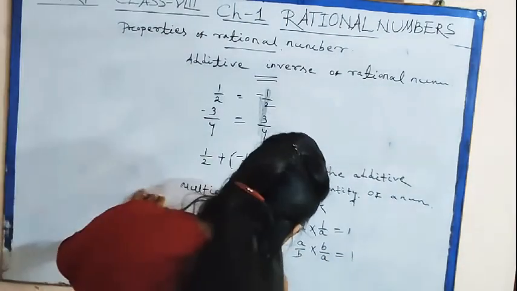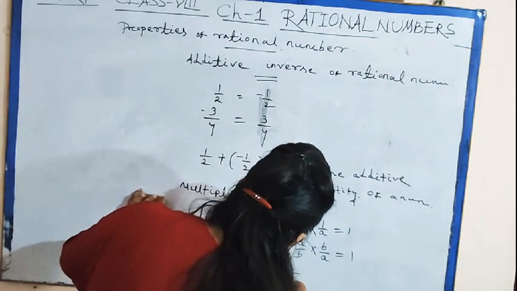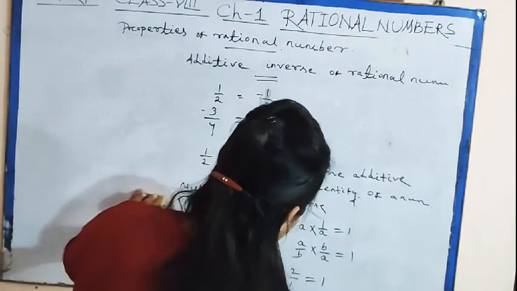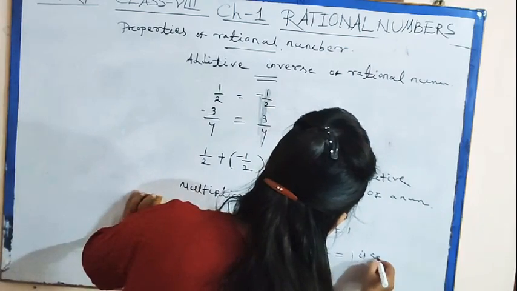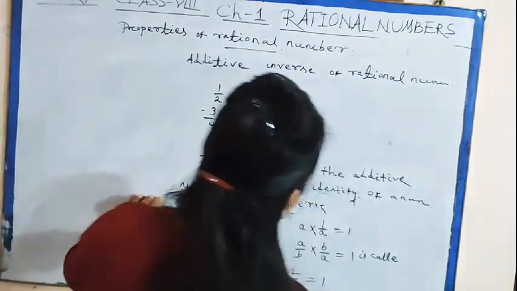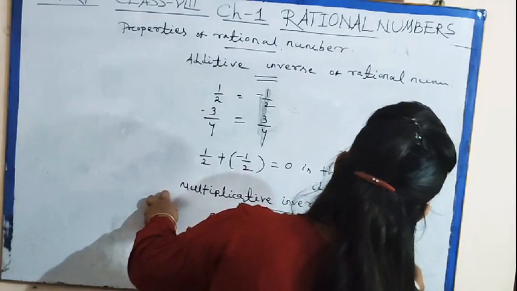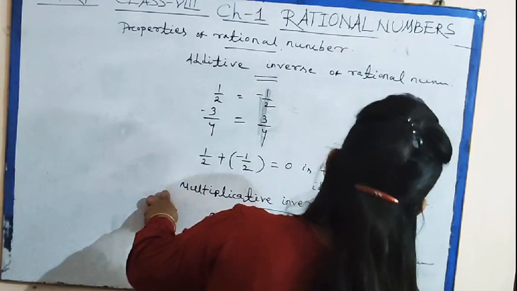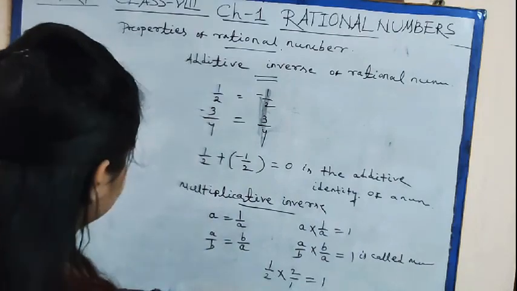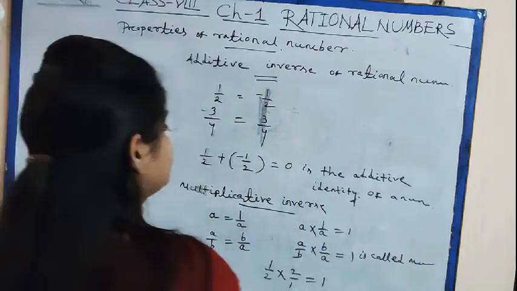For example, 1/2 multiplied by 2/1 is equal to 1. So 1 is called the multiplicative identity of a number. Clear?